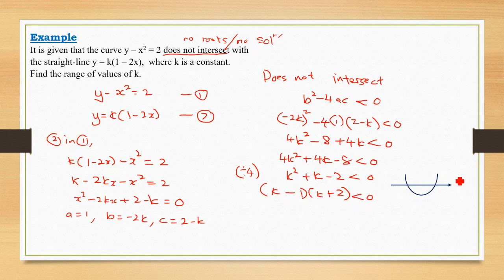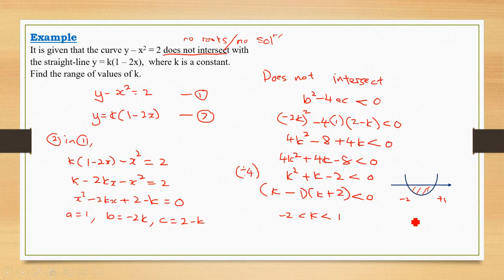Remember, you can use your graph, the quadratic curve, or you can use your number line. The smallest value is -2 over here and -1 is here. The question says less than 0, that means below the x-axis, so you shade this part of your graph. So what is your answer for k? k will be between -2 and, sorry, this is +1. k minus 1 is +1, so between -2 and +1.